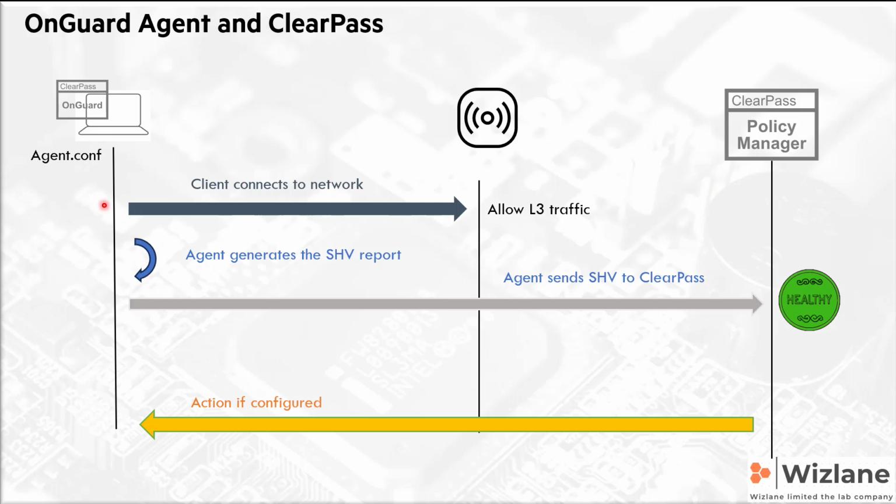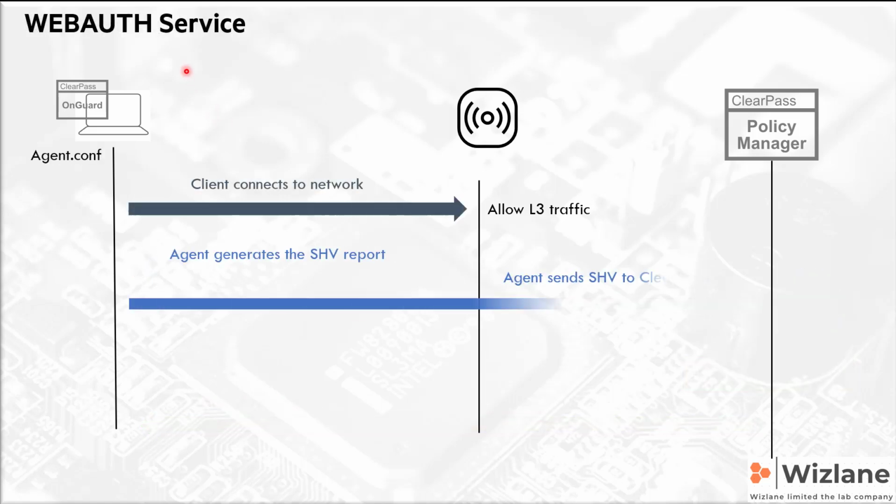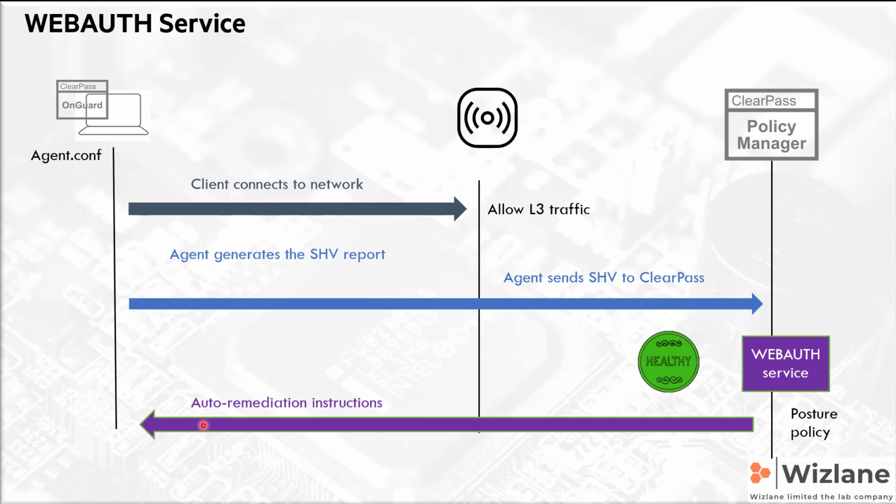That agent will run based on the agent.conf file, which is a result of the settings that we have created for the agent on ClearPass. Now that will update the health validation. That will communicate the token value, healthy, unhealthy, quarantine, back. That will be processed here, and any action will be taken by the WebAuth service. The WebAuth service is the one that will take action, things like auto-remediate and so on and so forth.